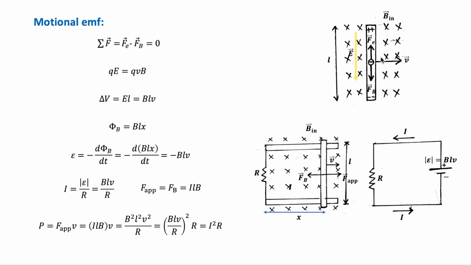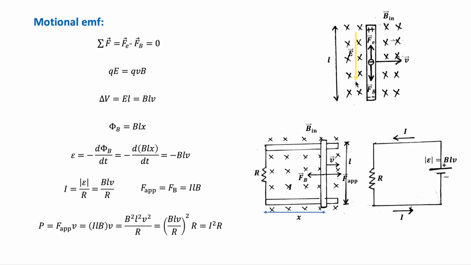The force experienced by the electrons in the conductor is F_B equal to qvB, and this force will cause the electrons to accelerate downwards, leaving a net positive charge in the upper end of the conductor. Therefore, due to this charge separation, an electric field E directed from the positive to the negative is produced in the conductor.